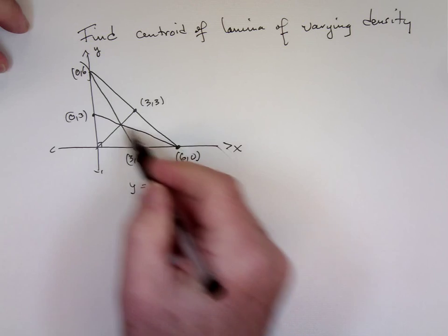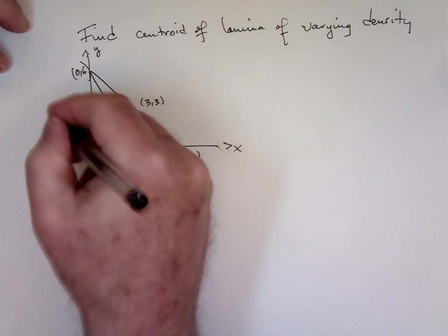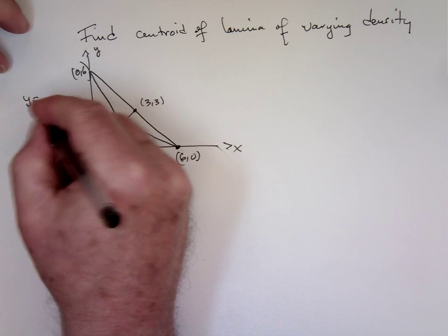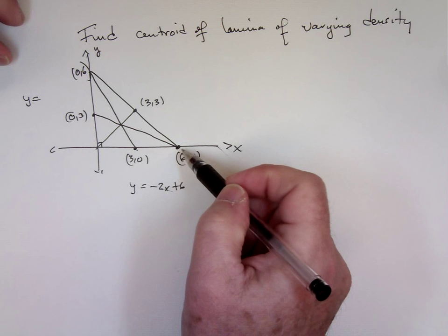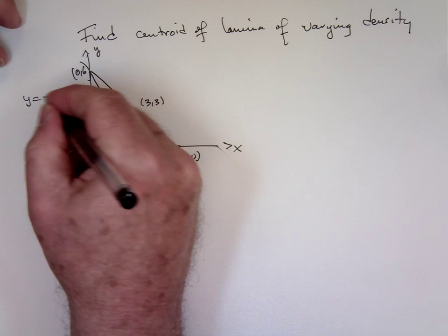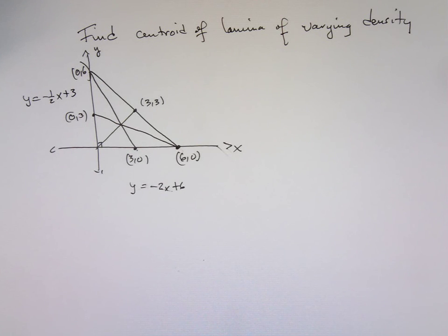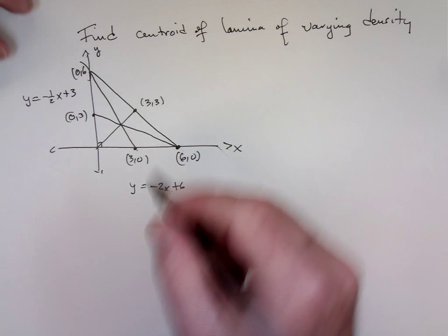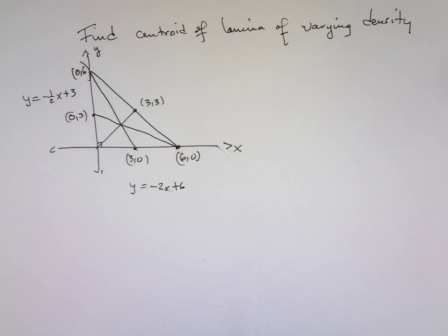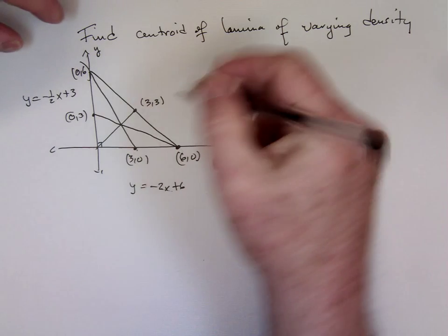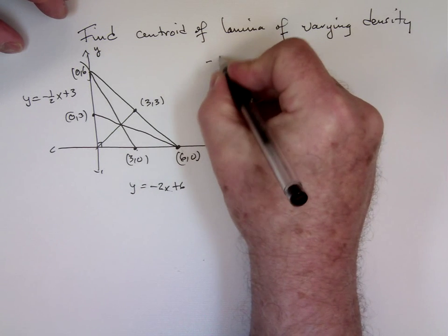The equation of the other median, this one over here, would be y equals -1/2 x plus 3. Those are two medians. Let's find where they intersect. Actually, medians intersect at a point 2/3 the distance from the vertex to the midpoint of the opposite side. But let's find the point of intersection. Set the two equal to each other.